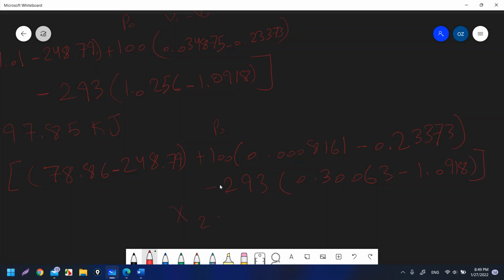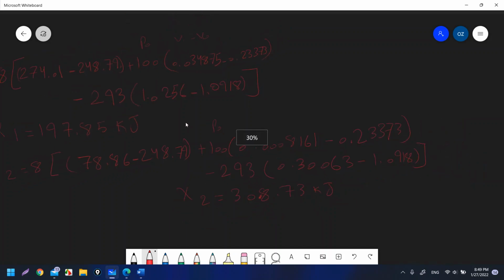X2 will be equal to 308.73 kilojoule. That's for the first part of the question.